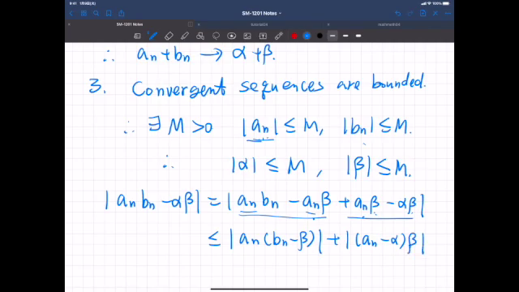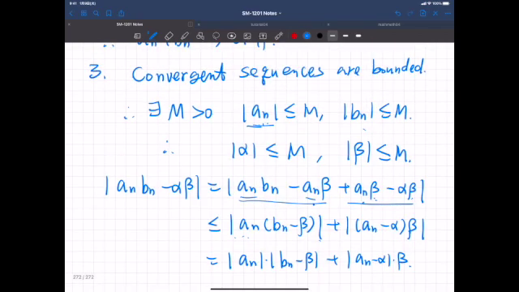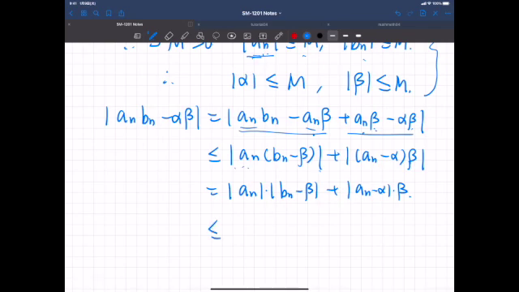Now the modulus of a product is the product of the moduli. So this is equal to |an| times |bn minus beta| plus |an minus alpha| times |beta|. And now we can use these bounds. So |an| is less than or equal to m, and |bn minus beta|, this one is less than epsilon.